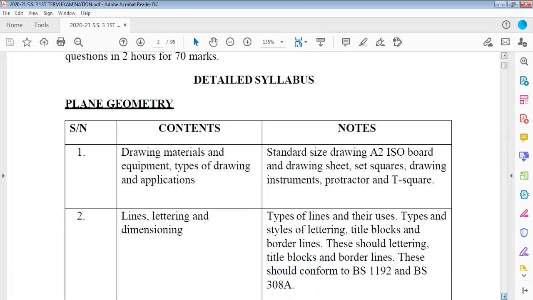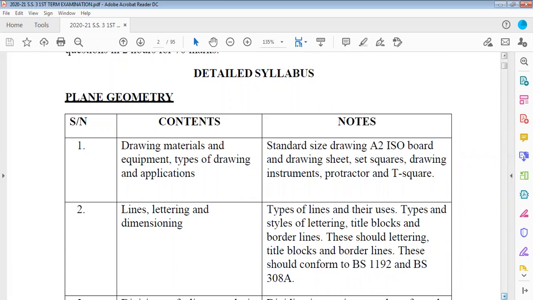Okay, now for the detailed syllabus, we are looking at plane geometry. For plane geometry, we have the content, and then we have the notes. Those are the things you need to pay attention to. Under the content, we have drawing materials and equipment, types of drawing materials and types of drawing instruments, and their applications.